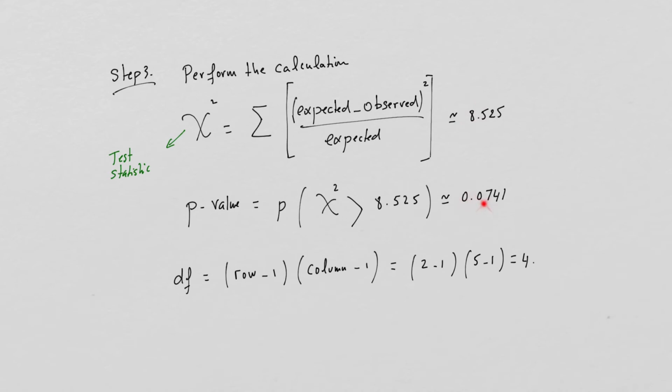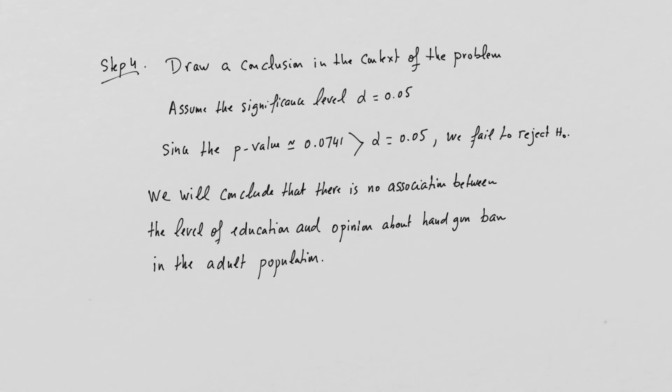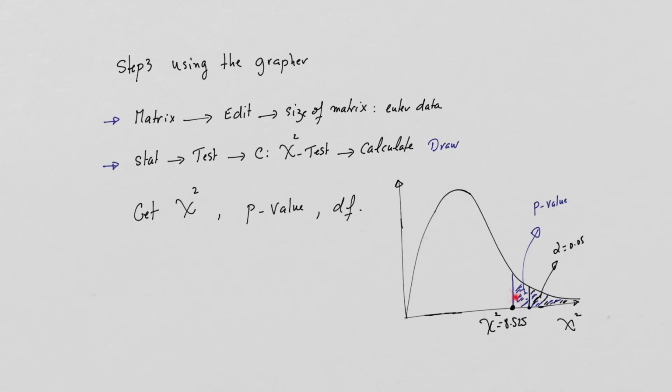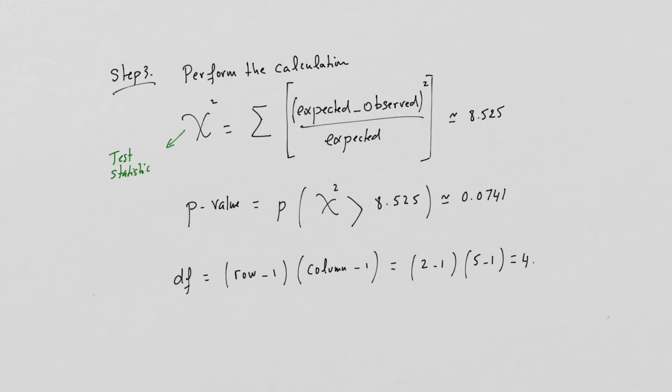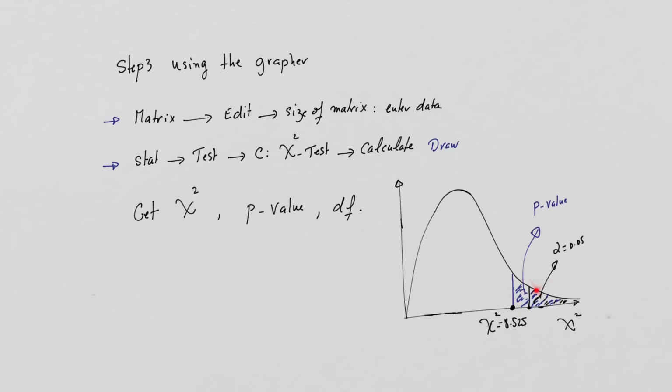And I got 0.0741. Again, I'm going to show you all of this on the calculator. So that means this area here in blue is 0.0741. I basically exaggerated it so you can see it. It's really a tiny area, right? The chi-squared is really here, but I want to make sure that you can see. So it's basically the area to the right of this particular location, okay?